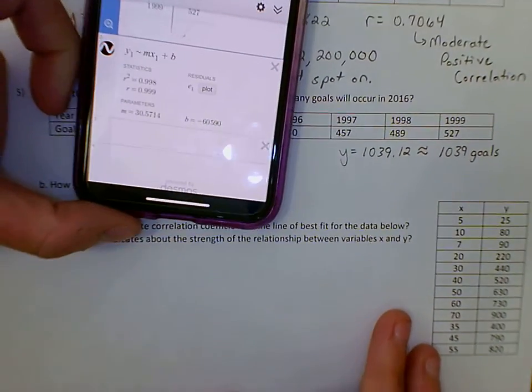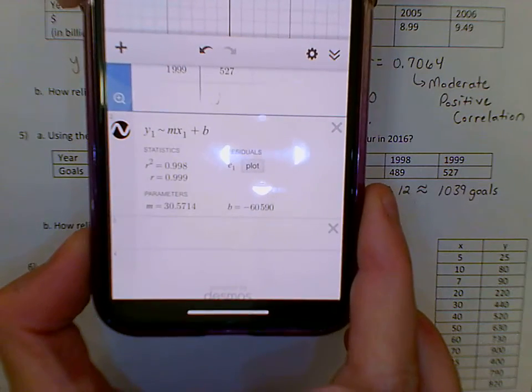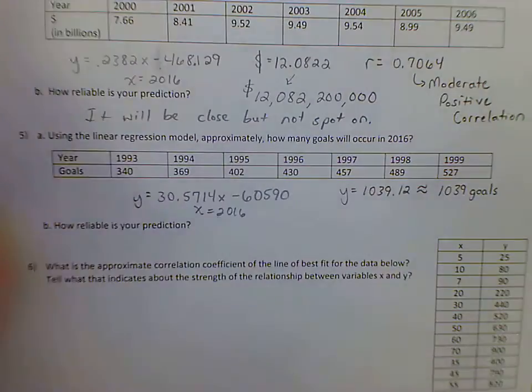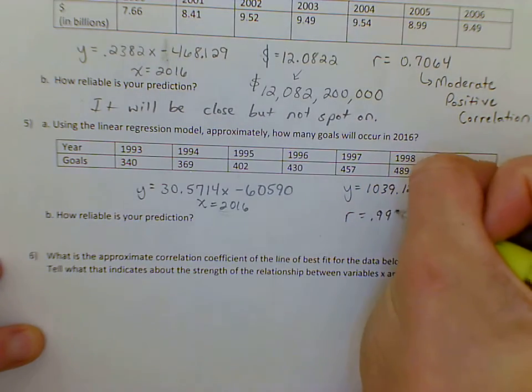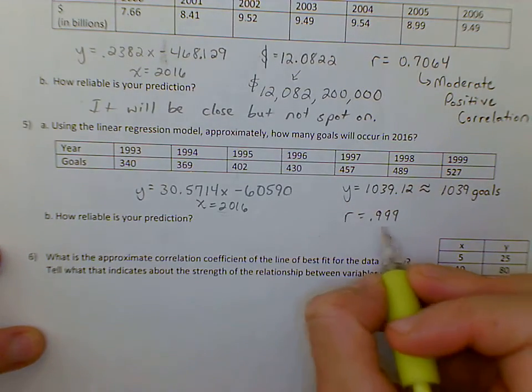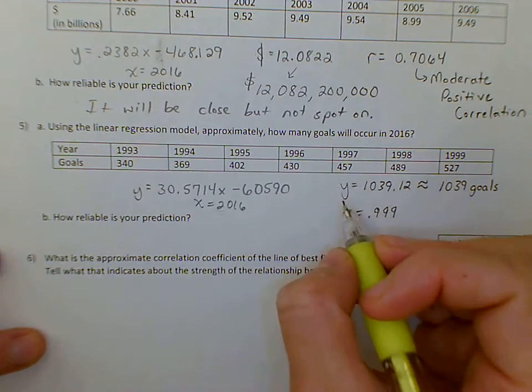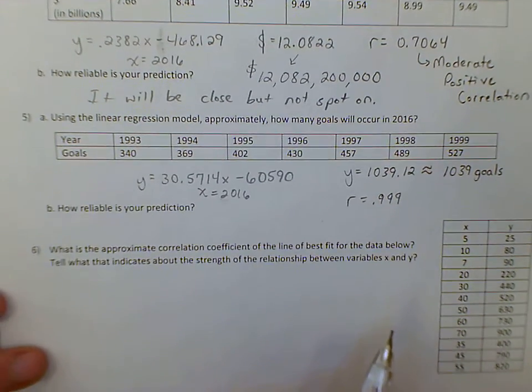And the R value in this problem, let's see if I can let you guys see that, is 0.999. Well, that's really good. That's a strong correlation between those two things. And so this prediction would be pretty close to what it should be.